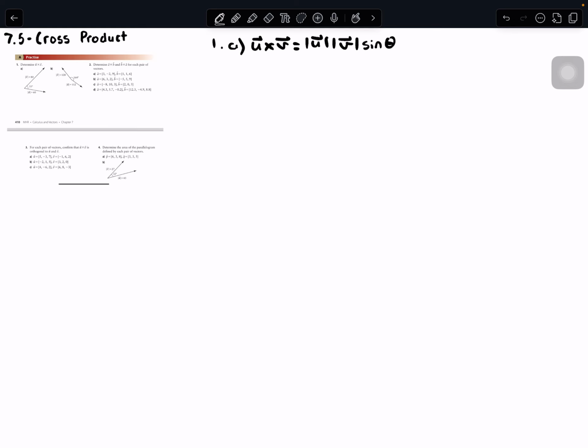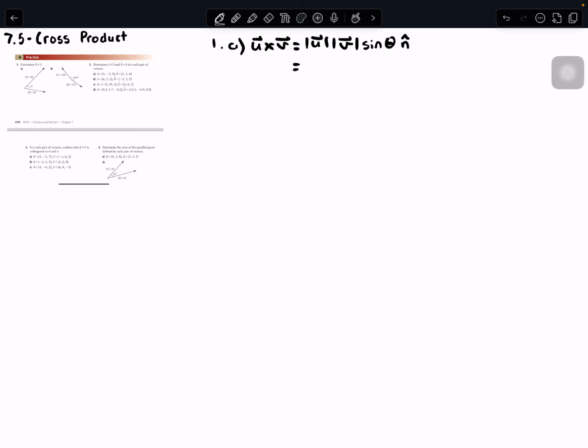That's similar to the dot product. We always still want the vectors tail to tail. And times this other vector, n hat. N hat just represents a unit vector, which is perpendicular to both u and v. That's all it is.